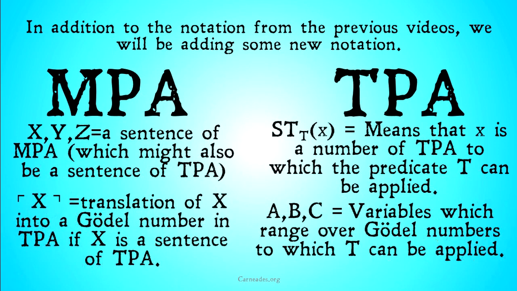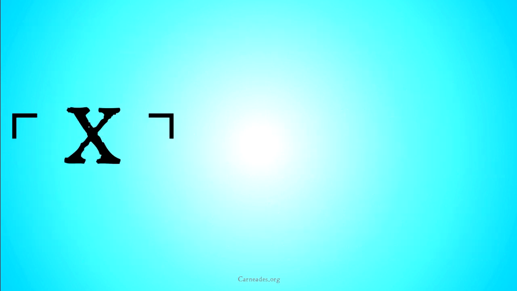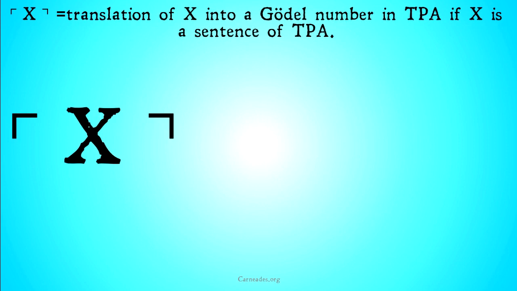A, B, and C are going to be variables which range only over Gödel numbers to which T can be applied. Not necessarily is applied, but can be applied. All right. Now, X in those square brackets is the translation of X into a Gödel number in TPA if X is a sentence of TPA.